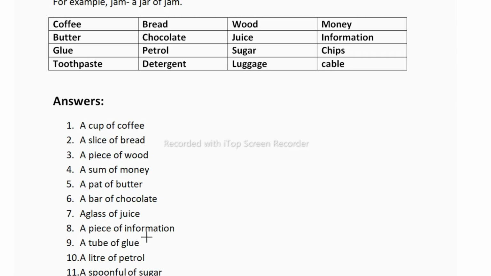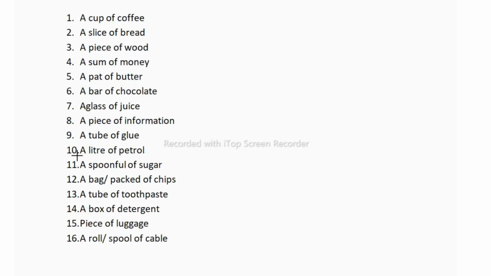A glass of juice, a piece of information, a tube of glue or a bottle of glue, a liter of petrol. You can also say 2 liters of petrol, 3 liters of petrol. A spoonful of sugar, or you can say a bowl of sugar, or a bag of sugar. A bag or a packet of chips. A tube of toothpaste.